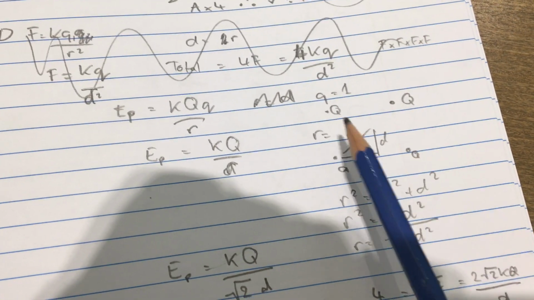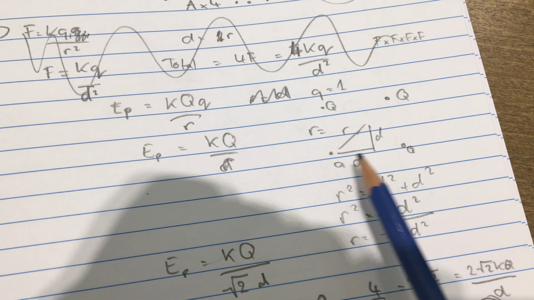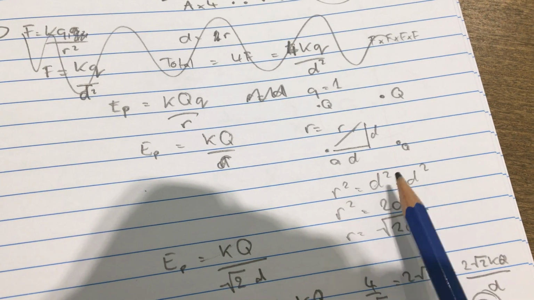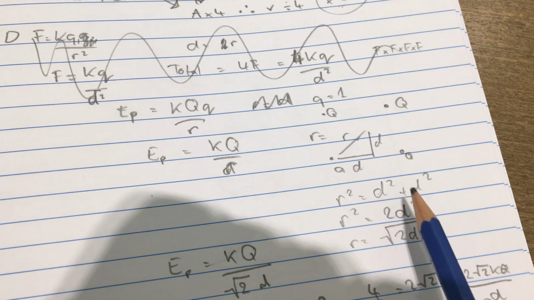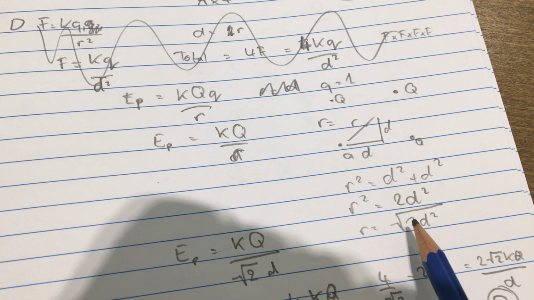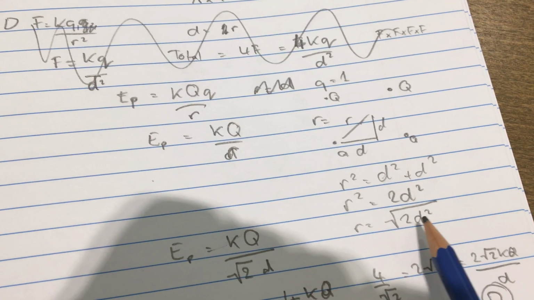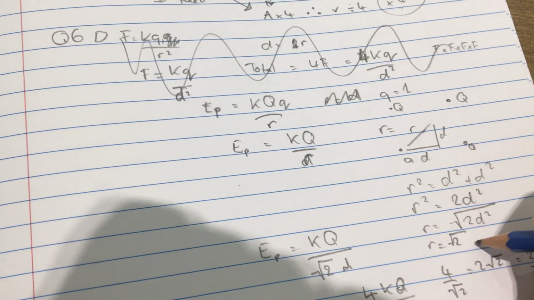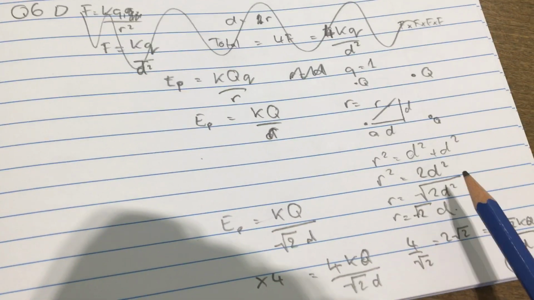If this is the 4 charges, you've got 2D, so halfway is D, D. So I said R squared equals D squared plus D squared, Pythagoras. Therefore, R is the square root of 2 times D squared. So R equals square root of 2 D, right?